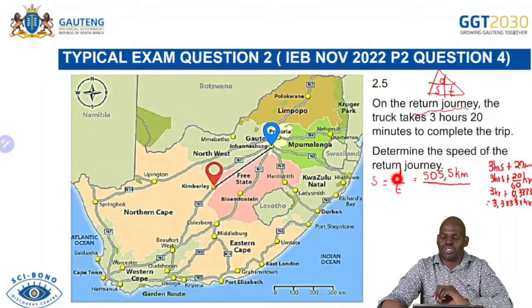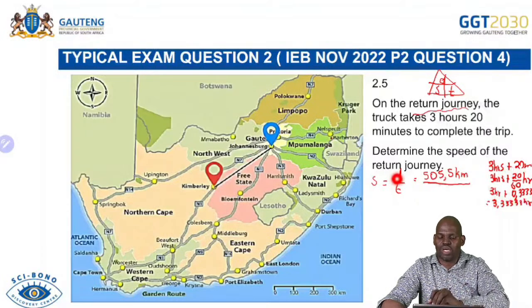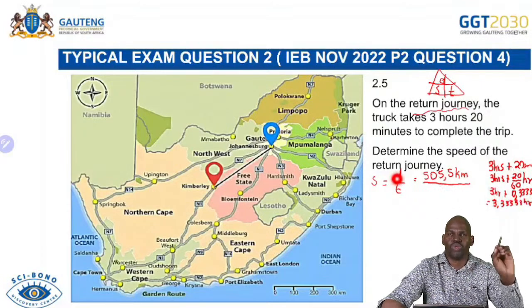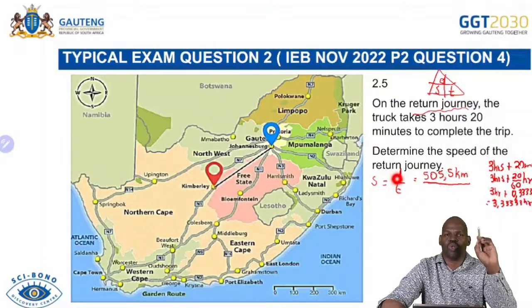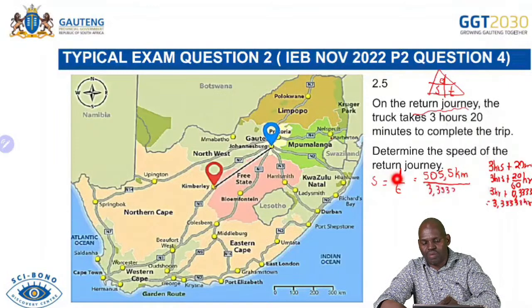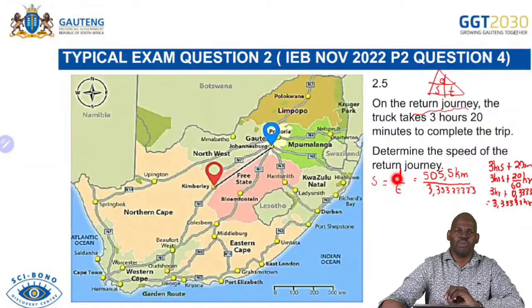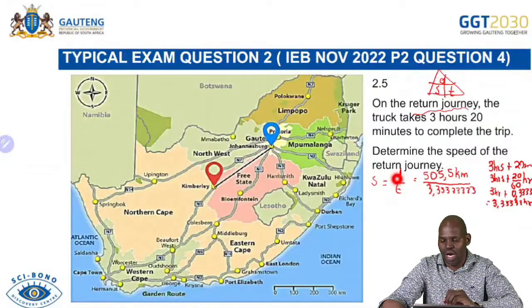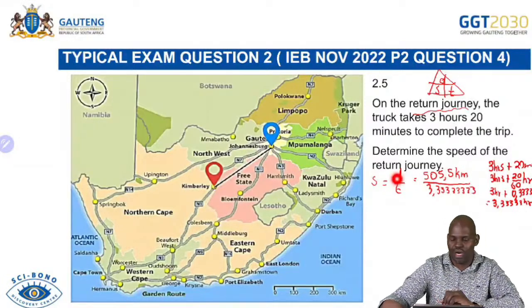It would not make sense, boys and girls. We can only substitute the duration that has got 1 unit. So in this case, we're going to say 3.333, as many digits as possible, because we're not supposed to round off until the final answer.